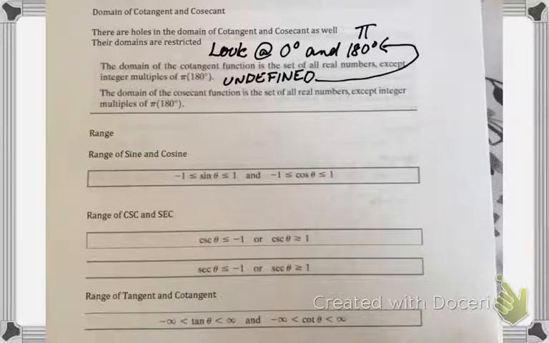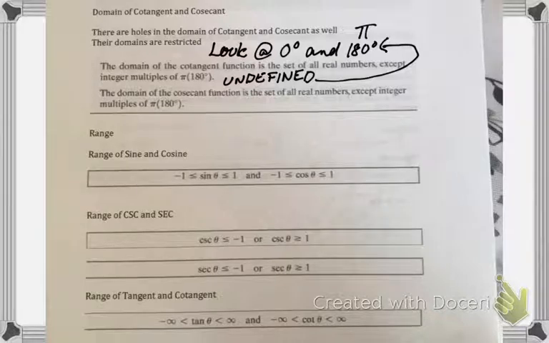Okay, the range. Remember, the range is the height of your graph. So if you look at all the y coordinates, you're going to find out that sine or cosine never fall below -1 and never go above +1. So your range is -1 to 1 for both sine and cosine.